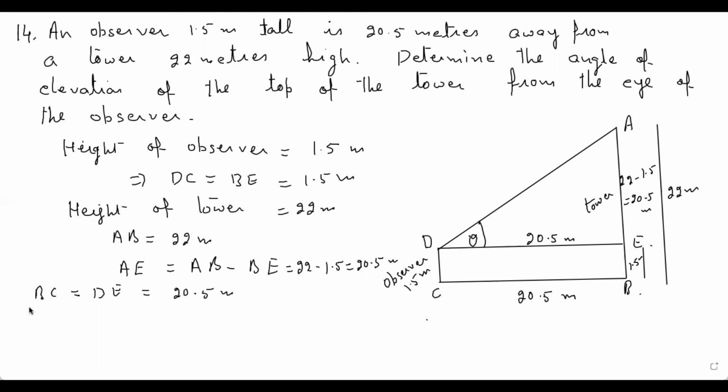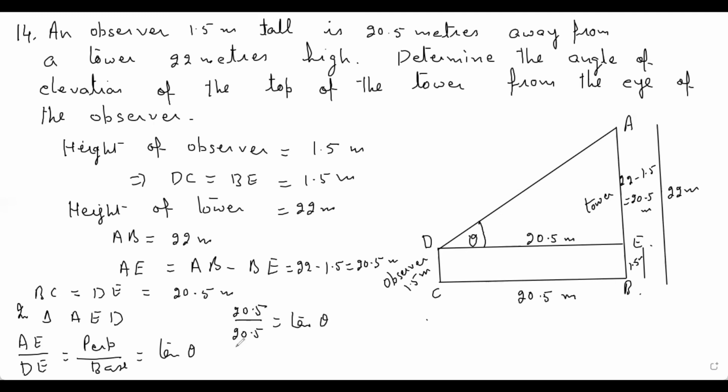So in triangle AED, which is a right angle triangle, AE upon DE, AE is the perpendicular and DE is the base, is equal to tan θ. Now the perpendicular is 20.5 and the base is 20.5, that is equal to tan θ.